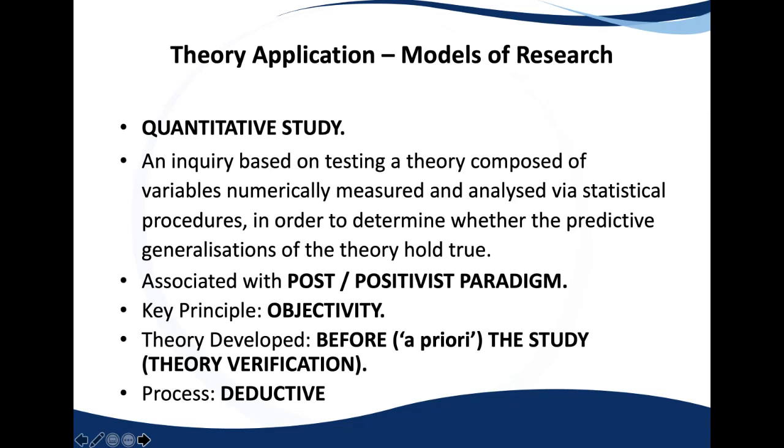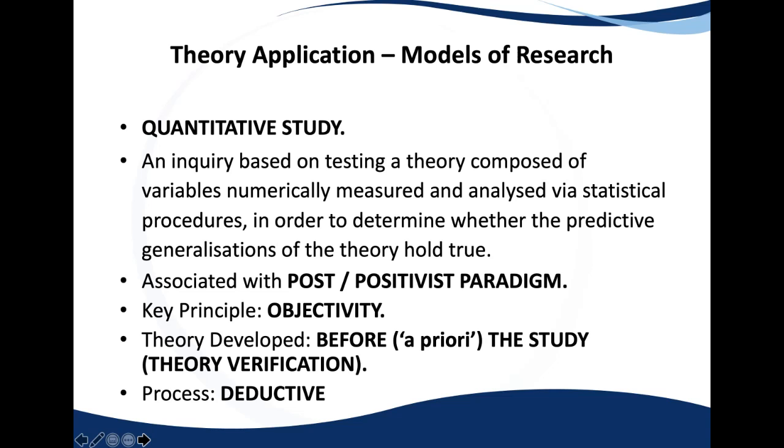And of course, in quantitative work, because there's an assumed pre-understanding of the topic, one would do theory B. There's potential for you to develop theory before, which they sometimes call a priori, and then you can also do it during and after the study, and this has a more deductive process of exploration.